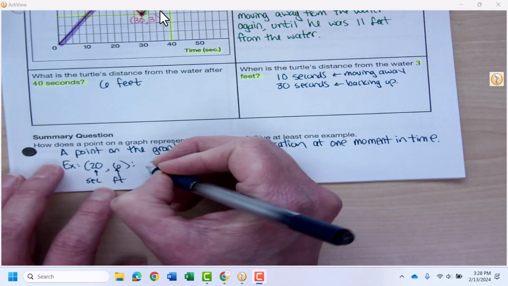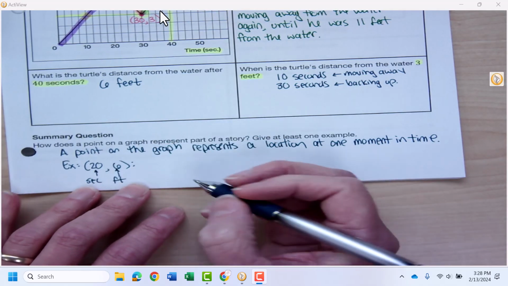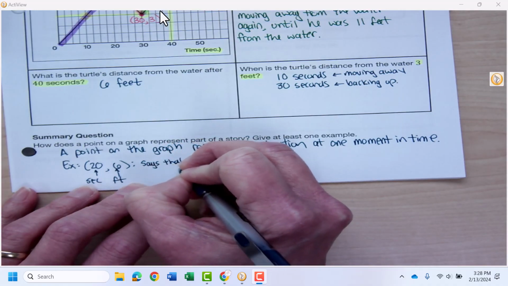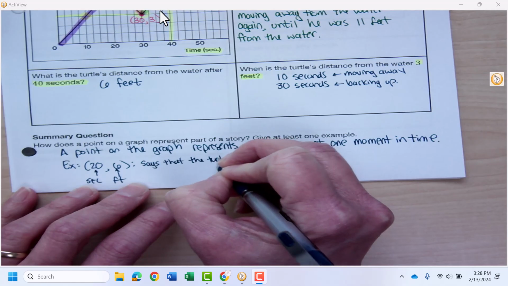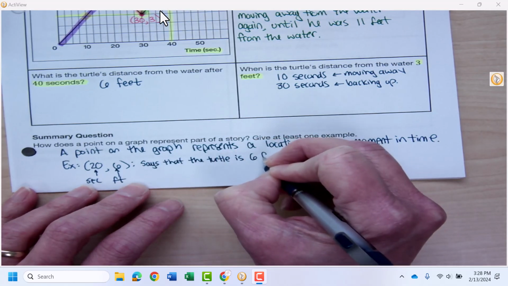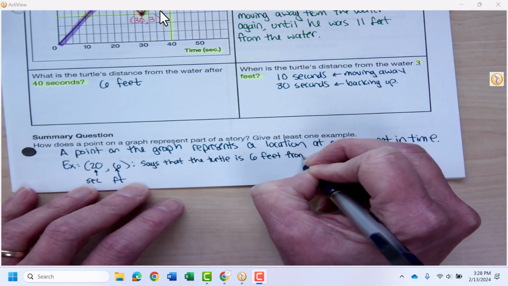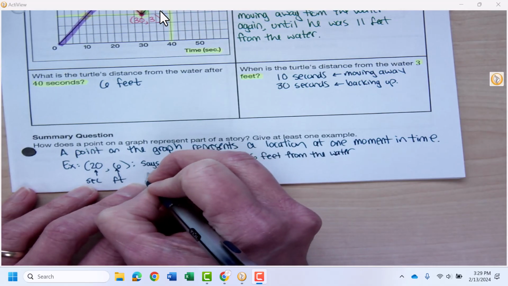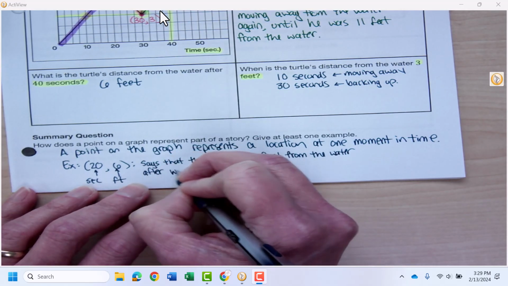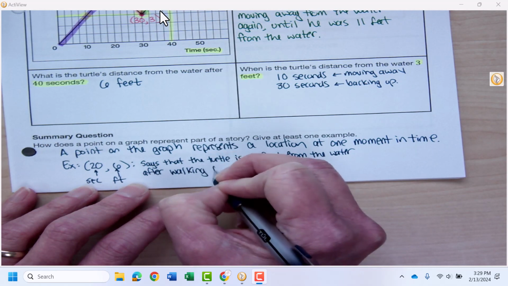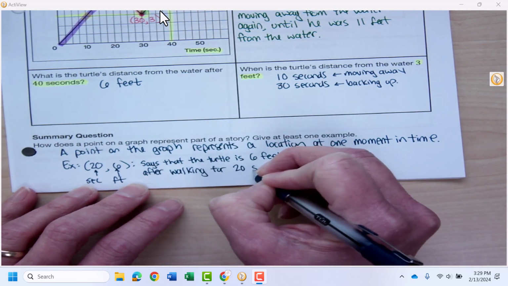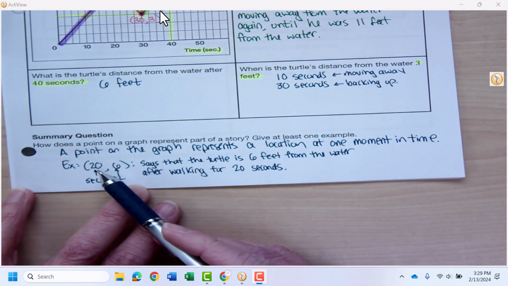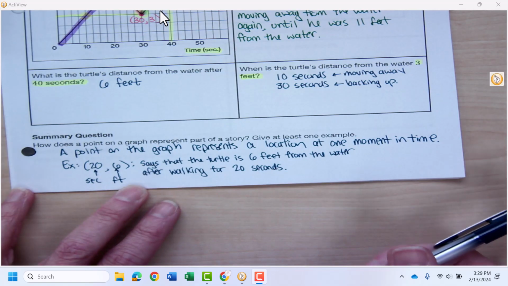So that coordinate, that point on the graph, says that the turtle is 6 feet from the water after traveling for 20 seconds, or after walking for 20 seconds. So that's how a point on a graph represents part of the story. It just captures a moment in time.